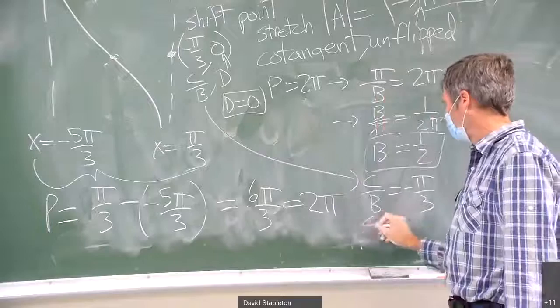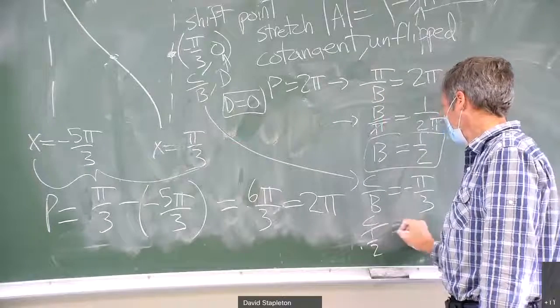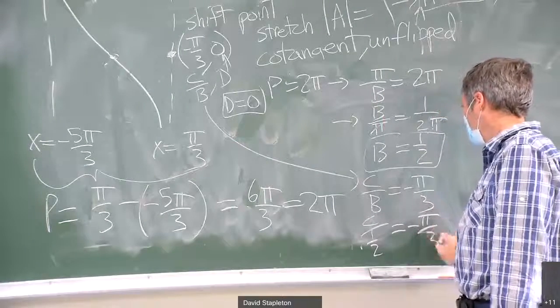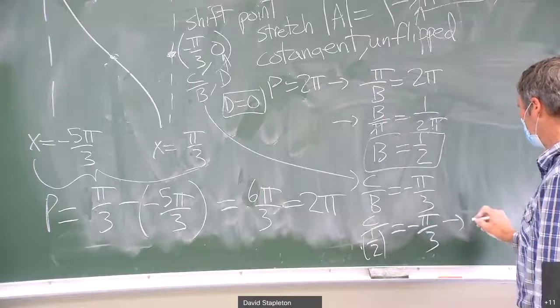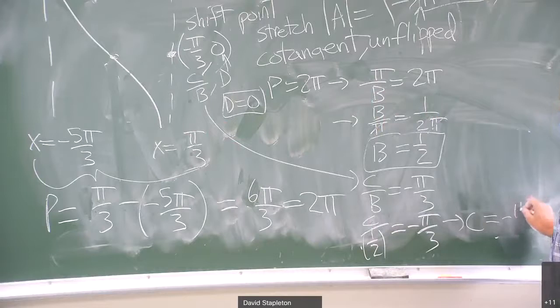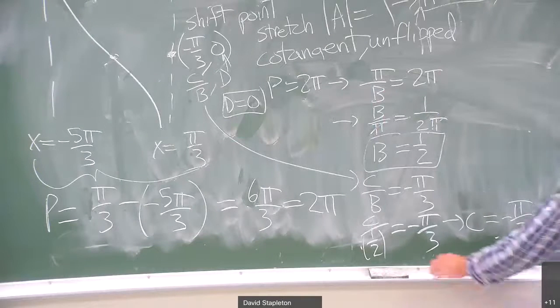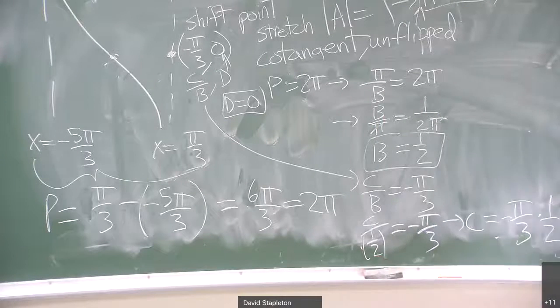So this is c over a half equals negative pi over 3. Multiply both sides by a half. And you get c is minus pi over 3 times a half. Remember how to multiply fractions, top times top over bottom times bottom. Is minus pi over 6. So there's C, B, A, and D. We've got it now.